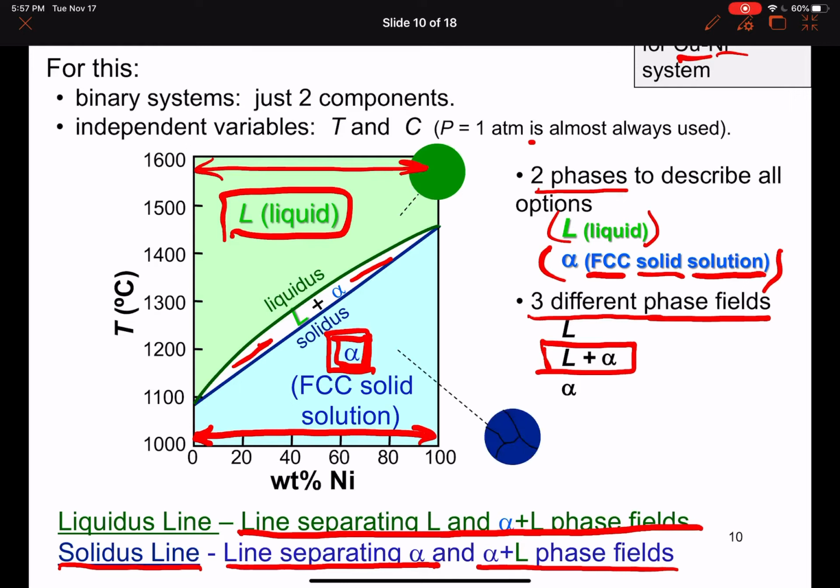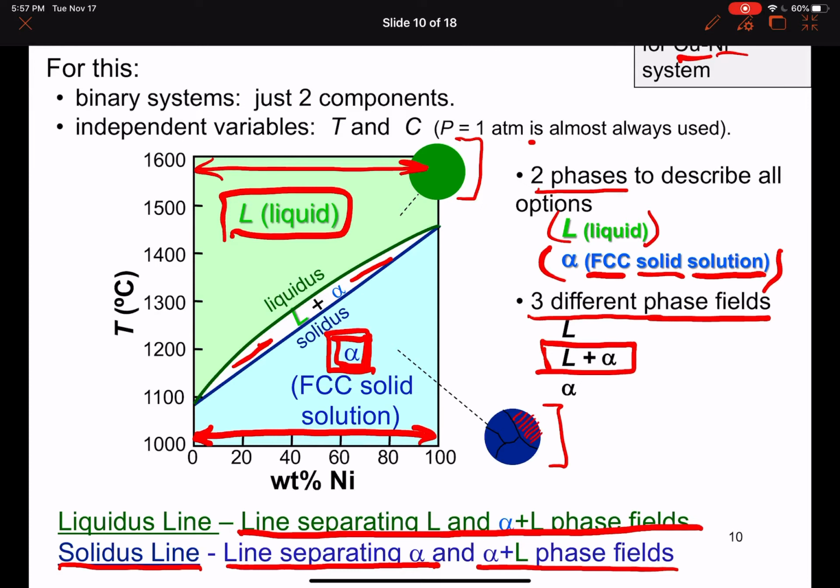Okay, so to help us picture what we have, we knew in the molten state that we would be homogeneous and the nickel and the copper would be randomly located in this molten, flowing, disordered, random location of all metal atoms. So we might just cartoon that as a green uniform circle. In the FCC solid, we learned in earlier chapters that we have grains of pure metal and there would be packed rows of atoms.